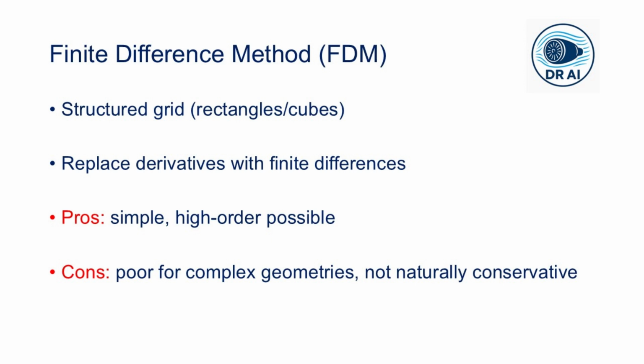FDM is used in academic codes for turbulence research, in weather models where the Earth's atmosphere can be mapped to a sphere with latitude-longitude grids, and in some commercial codes for simple duct flows. But for industrial CFD with complex shapes, a car engine, a human artery, FDM is very rarely used.